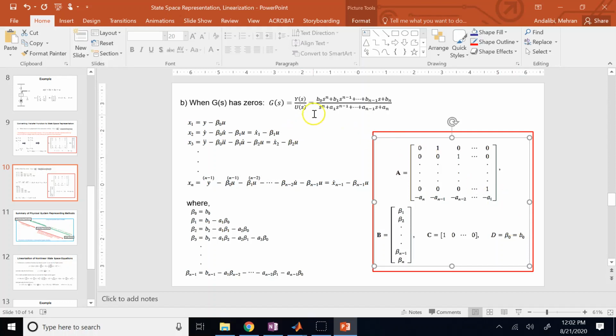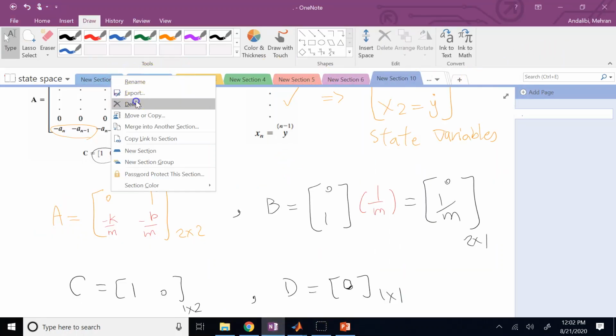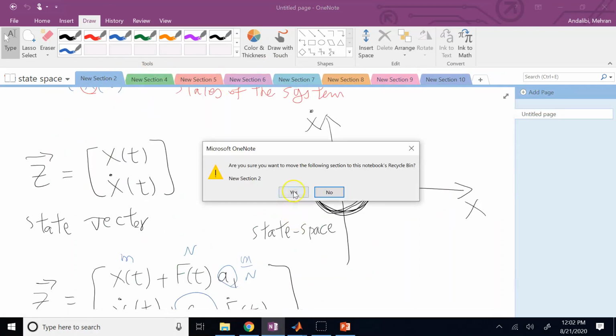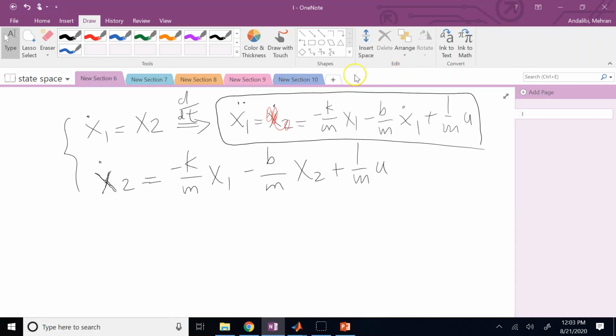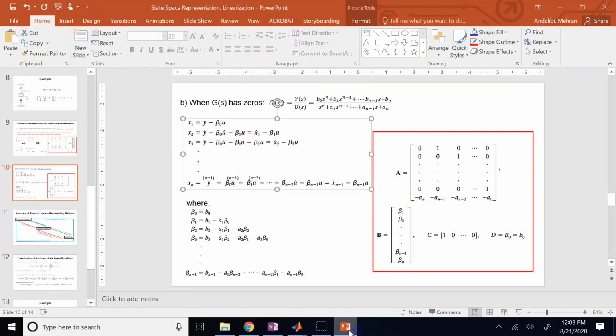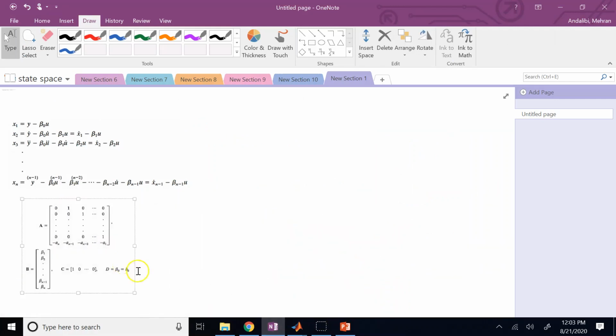Okay, so I can give you an example of this very fast. So let's close a few of these. Okay, so this is our choice. This is what we are going to have for A, B, C, and everything.